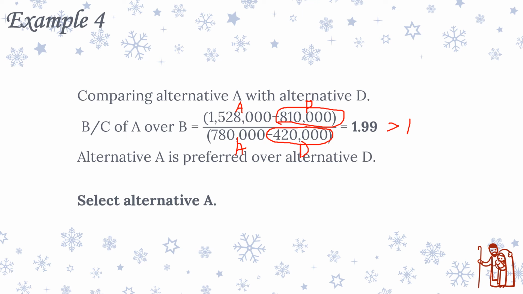So if annual, everything should be annual. If present, everything should be present. Okay, so if there is a need to convert, then you have to convert using the factors. Present worth factor, annual worth factor, or future worth factor. So after that, you just divide the two. Okay, so I think that would be all for our benefit cost ratio topic.